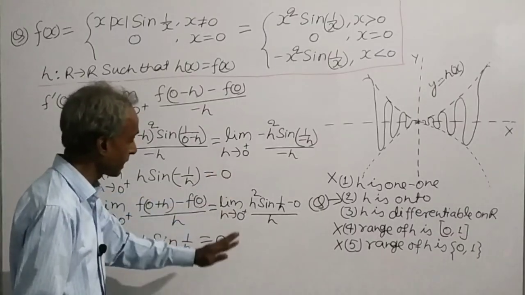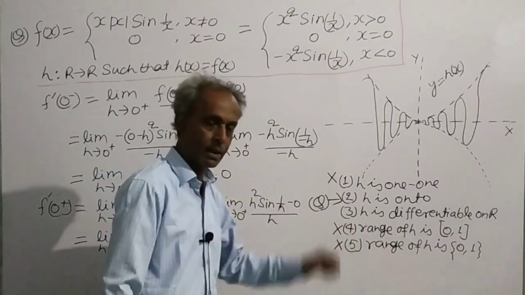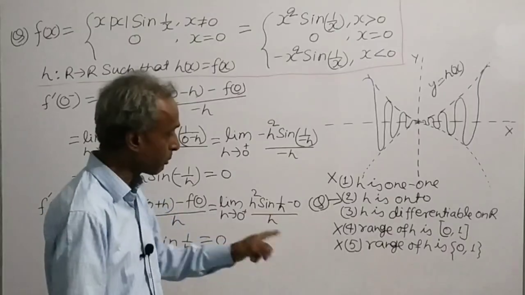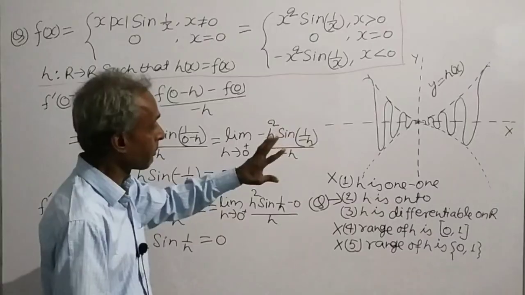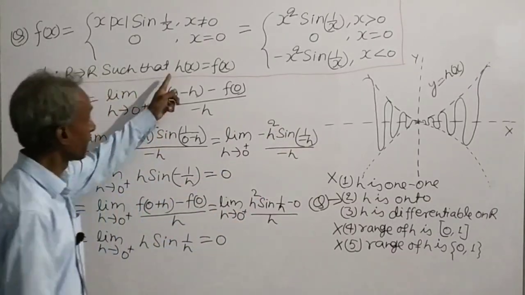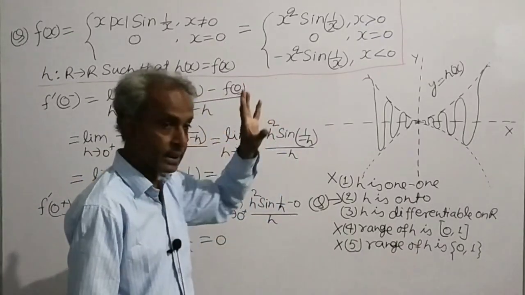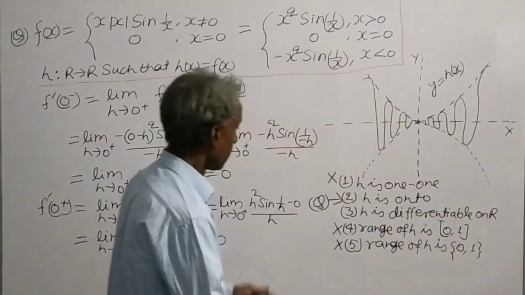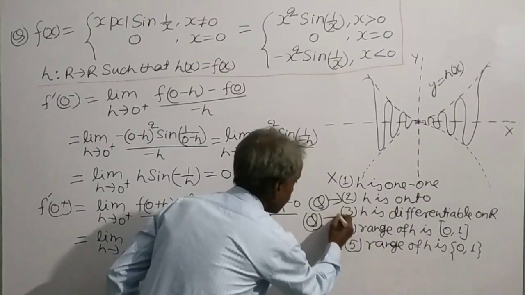Since left hand derivative is equal to right hand derivative is equal to some finite number, therefore this function is finitely differentiable at x is equal to 0. At all other real numbers, it is also differentiable. Therefore, this function hx is differentiable at all real points in the set of real numbers. Therefore, Q will also be matched with this entry.